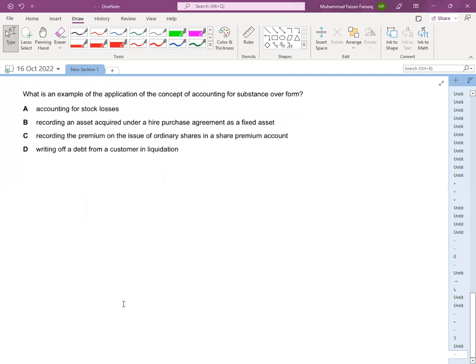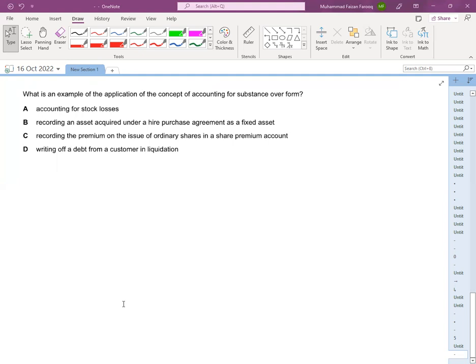The next is substance over form. What is substance over form? Anyone? Substance over form means the accounting is not following the law. Legal ownership is something different, but for accounting, the recording of an asset is in accordance with IAS and IFRS, the rules of accounting. The only example we use to understand substance over form is the hire purchase agreement.